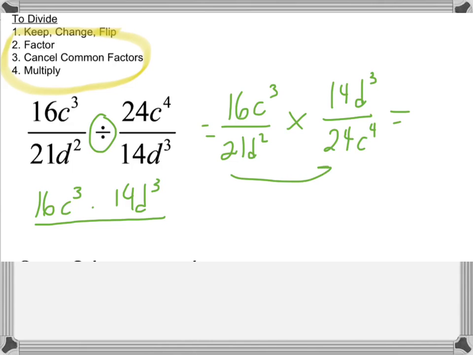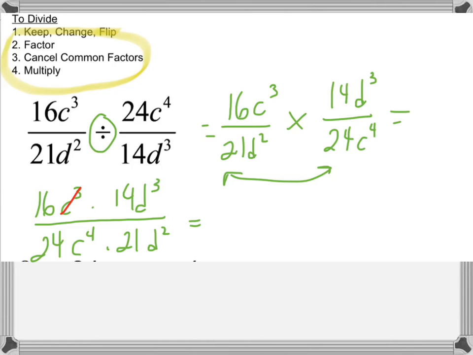And then I'm going to rearrange these two. I'll put 24c to the 4th times 21d squared here. Okay, so I don't want to multiply these out because it just becomes more complicated. I don't want to multiply 16 times 14 and 24 times 21 because then I have to figure out what the factors of that is so that I can cancel. So instead, let's just do it step by step.